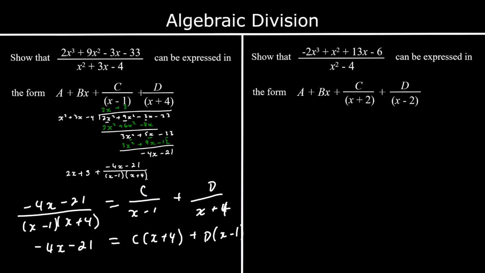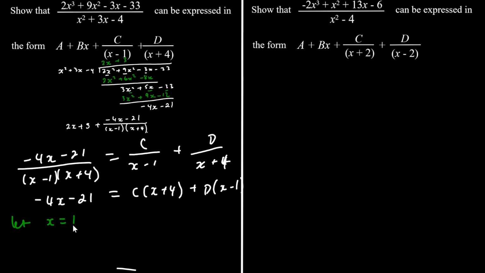Let x equal 1. We will get negative 25 equal 5c. c is negative 5. And let x equal negative 4. We will get 16 minus 21, which is negative 5, equal negative 5d. d is 1.